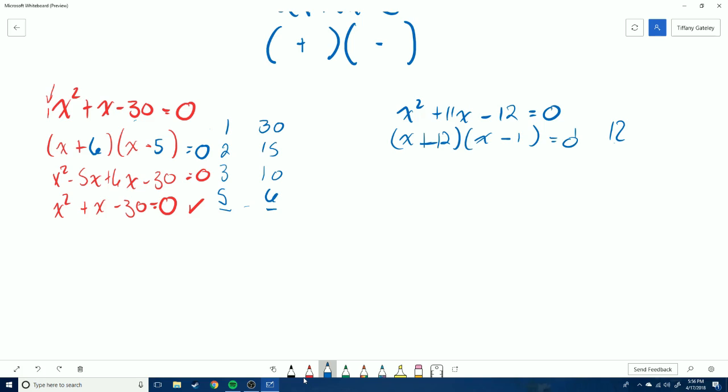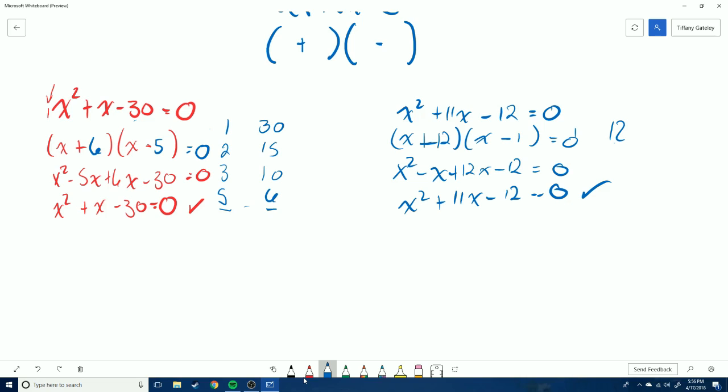So x times x is x squared, x times minus 1 is minus x, plus 12 times x is 12x, and minus 12 equals 0. And then x squared, and you combine like terms here, plus 11x minus 12 equals 0, and that checks out.